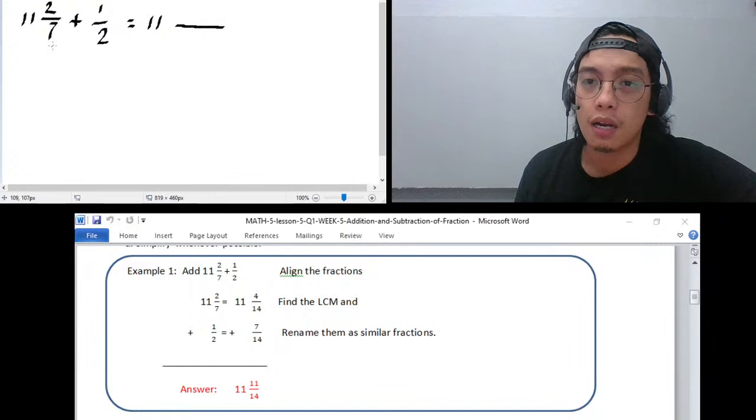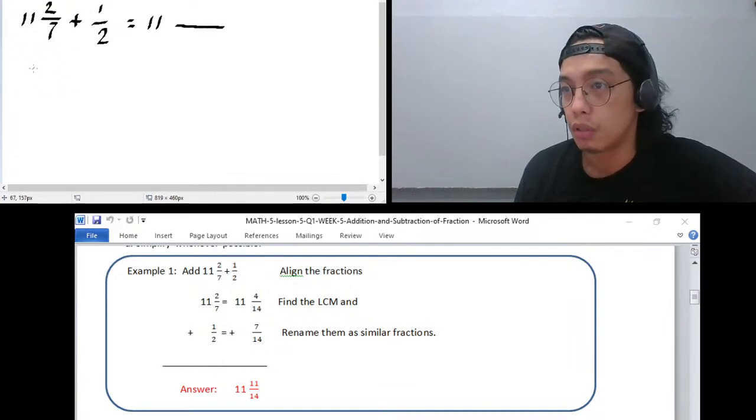What is the least common multiple of 7 and 2? So we start with 2 and 7.